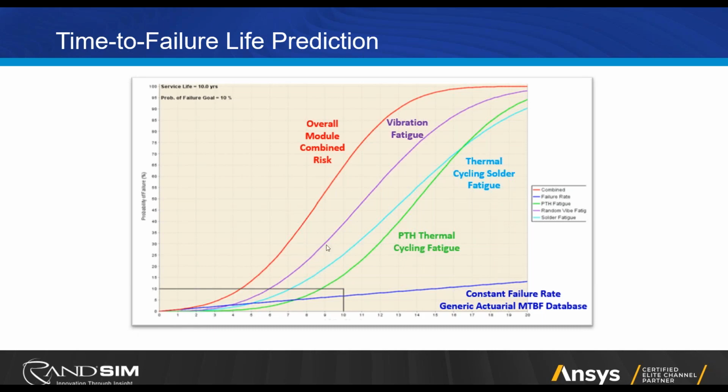As we go on, you can see how the probability of each rises in different ways and how they sum to create the overall risk of failure for a specific device. This is really important for letting you know what you should focus on in the first place. This doesn't really pertain to thermal reliability per se, but this is what would tell you, hey, my thermal cycling solder fatigue is causing most of my failures. That's what I should focus on. It's just an awesome feature of Sherlock.